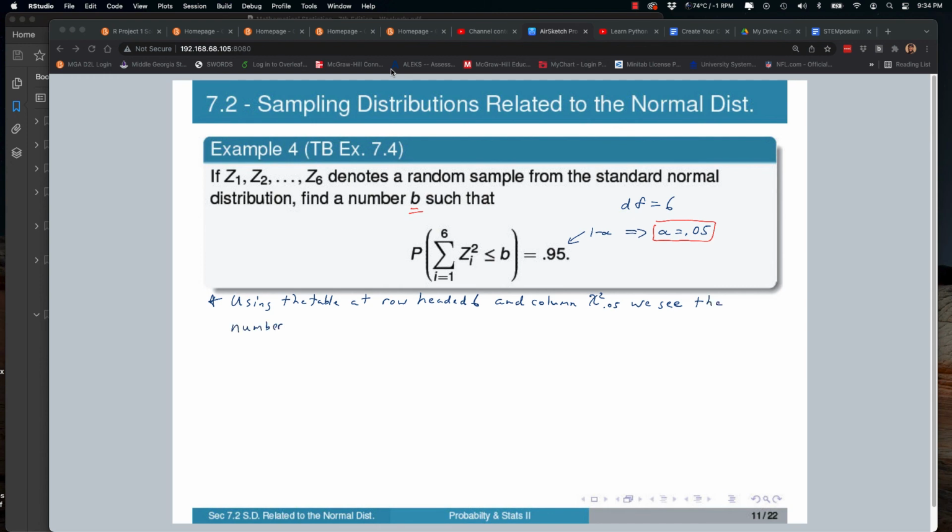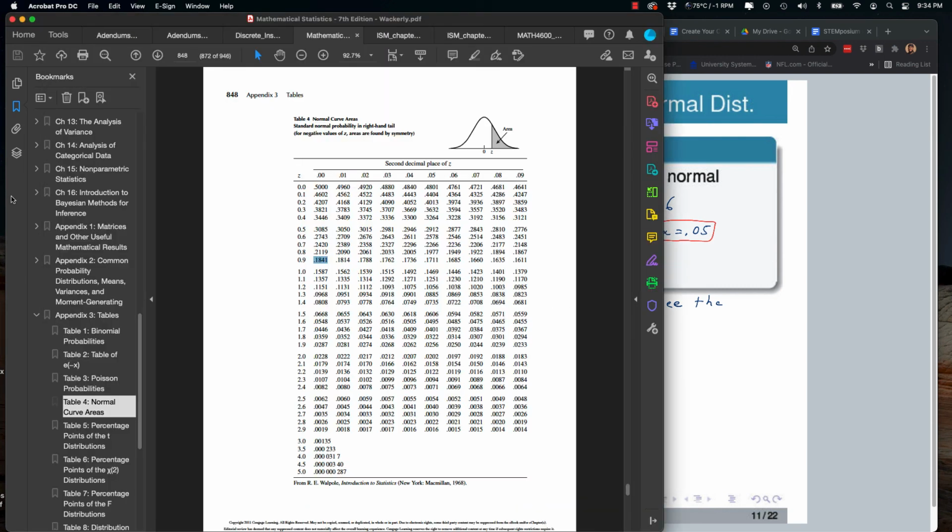Let's go to that table. So we're looking for chi-squared sub 0.05 and degrees of freedom 6. Note that we didn't have to subtract 1 from this like in other degrees of freedom, because this is a z sub i squared and it said that it was in degrees of freedom.